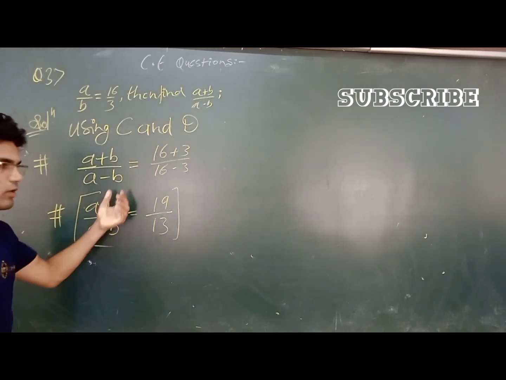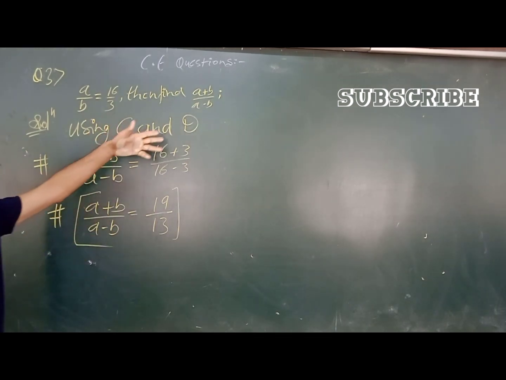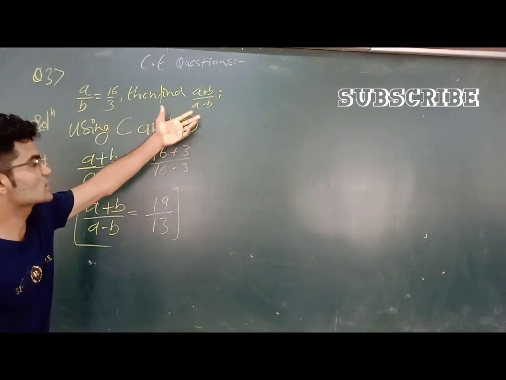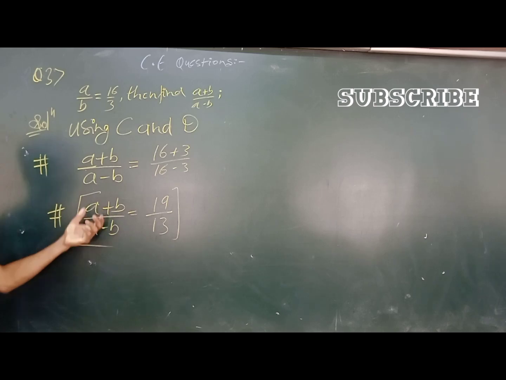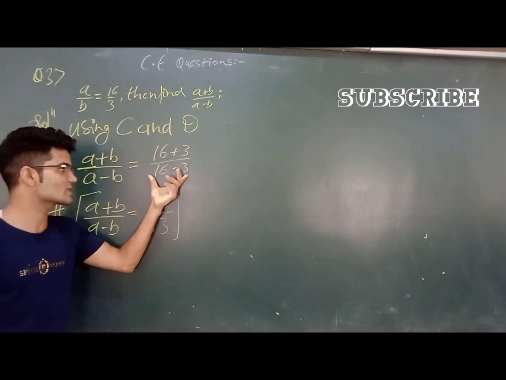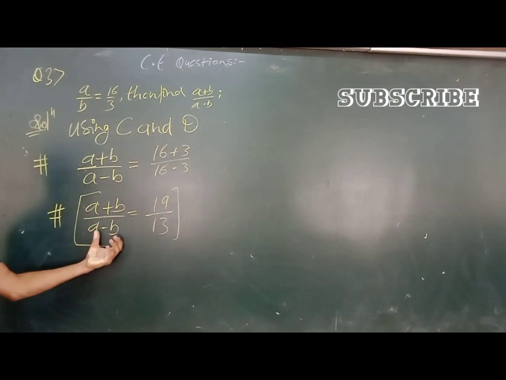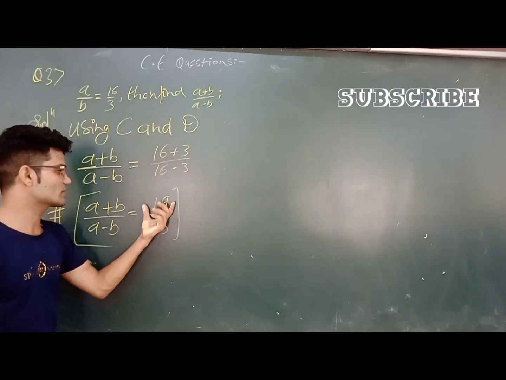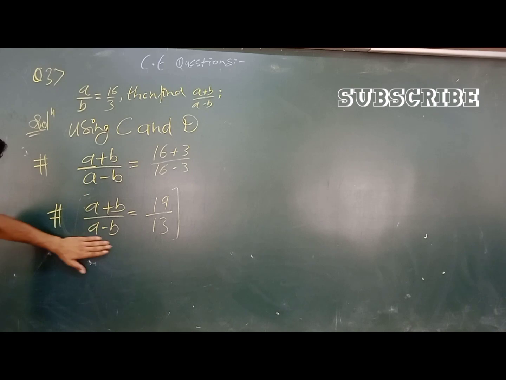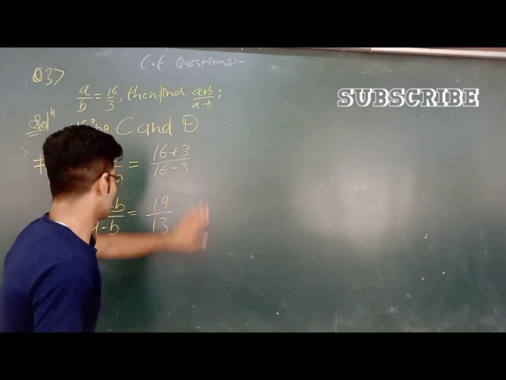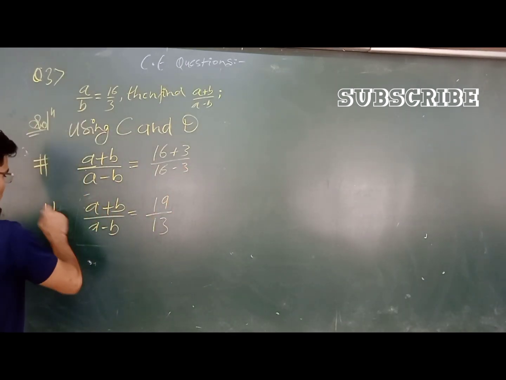So guys, we have to find this form of question, a plus b over a minus b. So a plus b over a minus b is equal to 16 plus 3 over 16 minus 3. So a plus b and a minus b will become 16 plus 3, which is 19, and 16 minus 3, which is 13. So finally this is our answer.